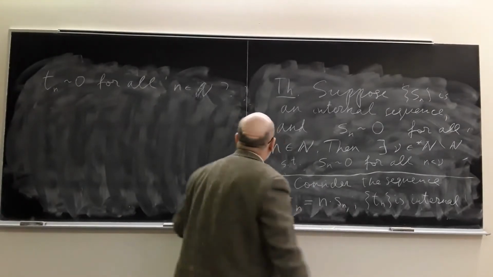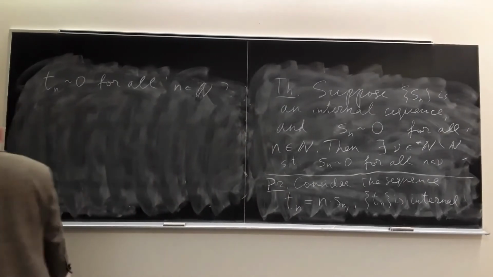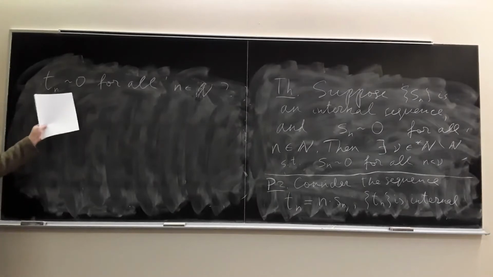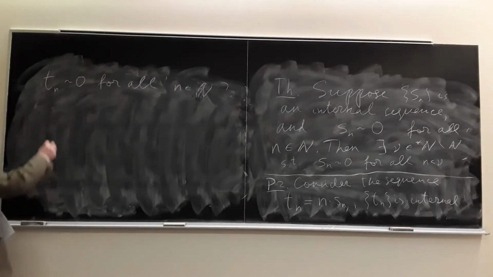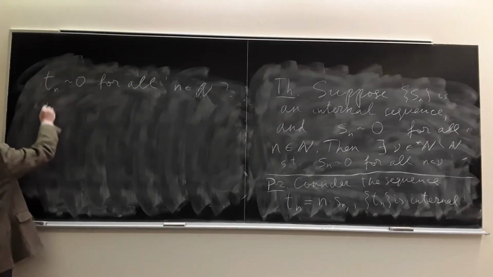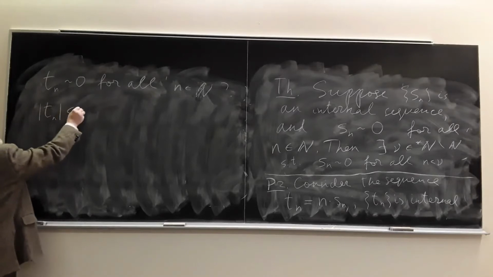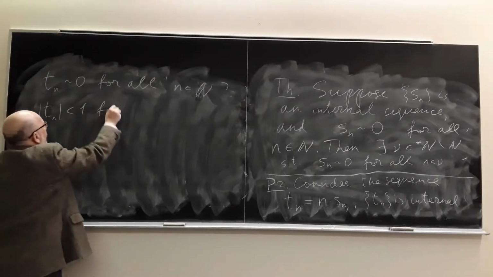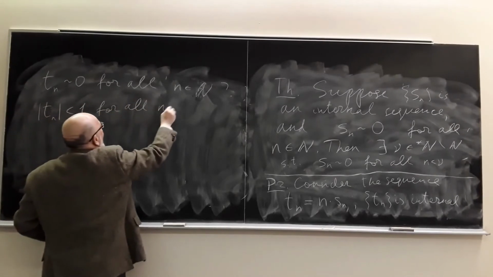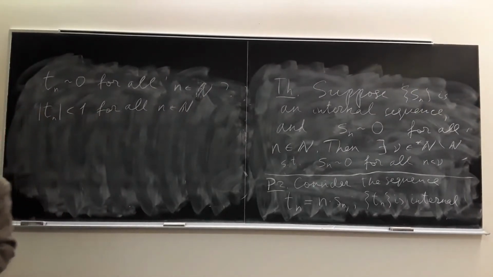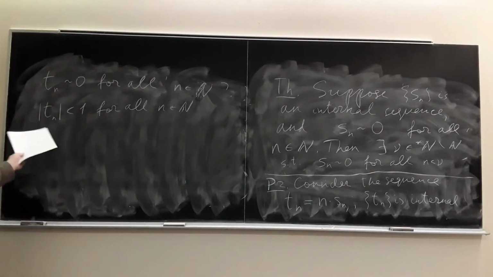So we have the sequence Tn which is infinitesimal. Now this is a bad condition, but we can write it as: modulus of Tn less than 1 for all standard n. If it is infinitesimal, then it is less than 1. And this is already an internal condition.